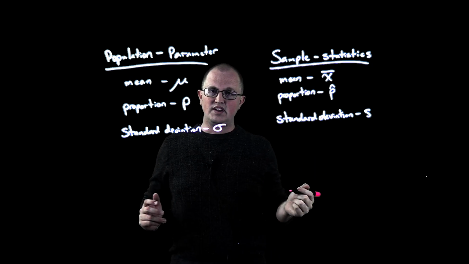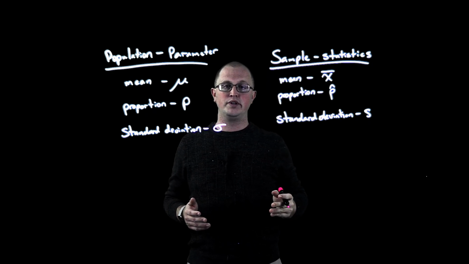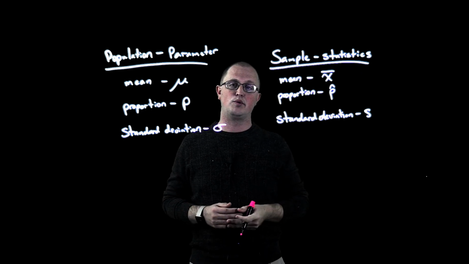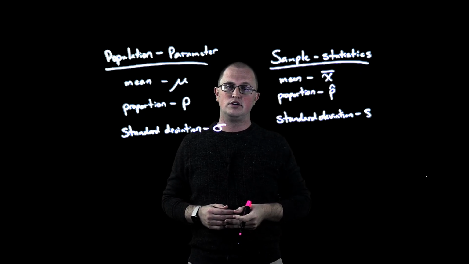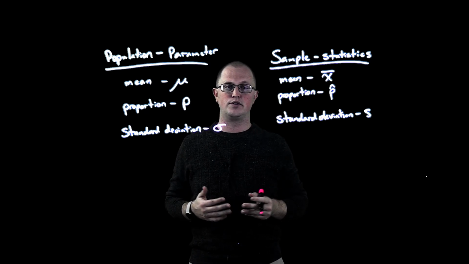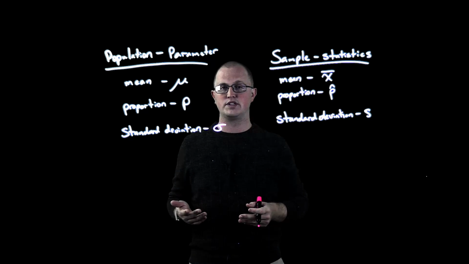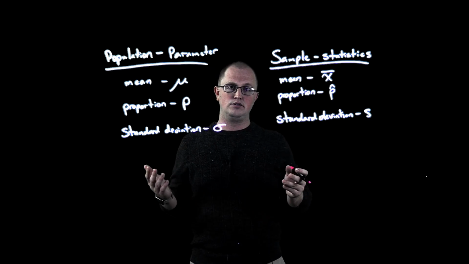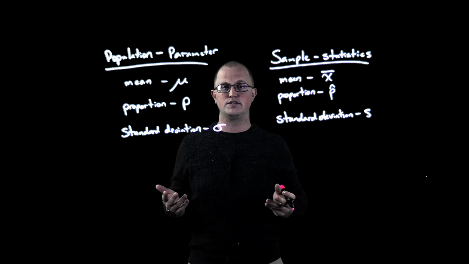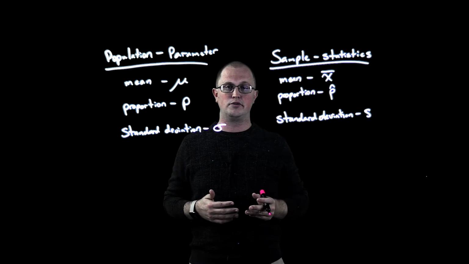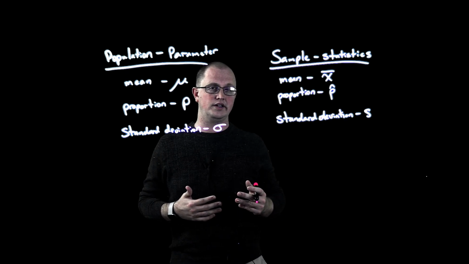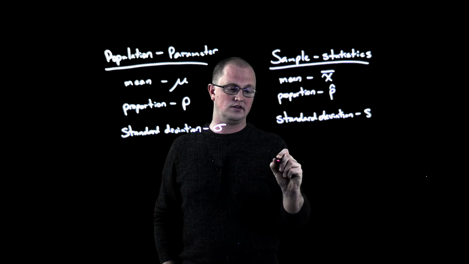So say you're interested in renting an apartment and you want to know what the average cost of an apartment in Owensboro is. So you get online and you sample some ads for apartments or look at different websites and you pull some average rents for the apartments that you're looking for and you calculate their mean. That mean that you calculated is going to be a statistic.